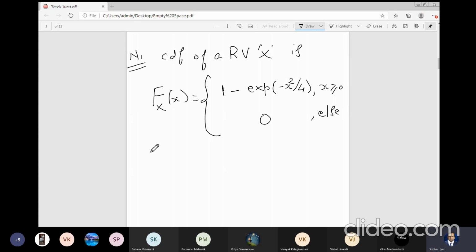The question is, evaluate the probability of 1.1 less than x less than 2.1.